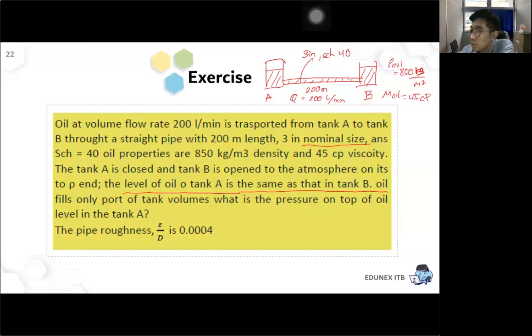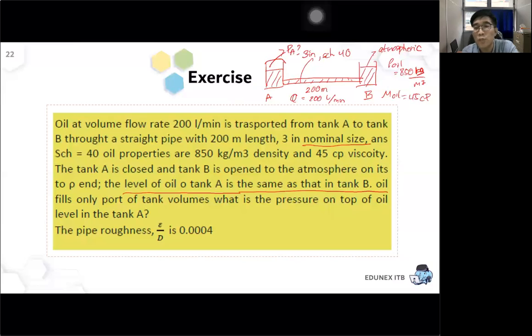Okay, the question is this one, atmospheric. And please calculate PA. Please take out a piece of paper and a pen or pencil, and then try to do this exercise.